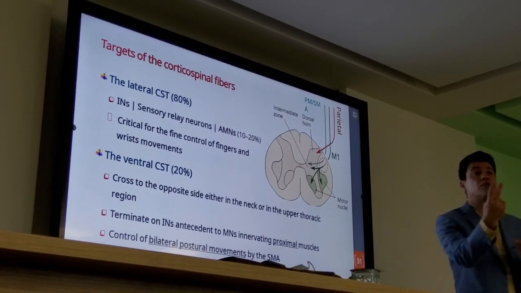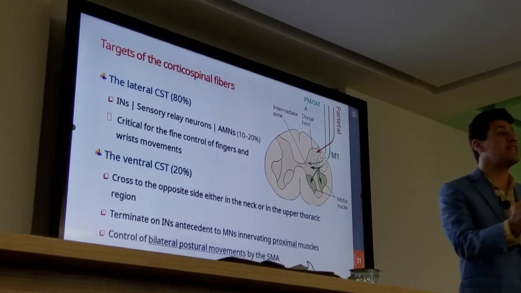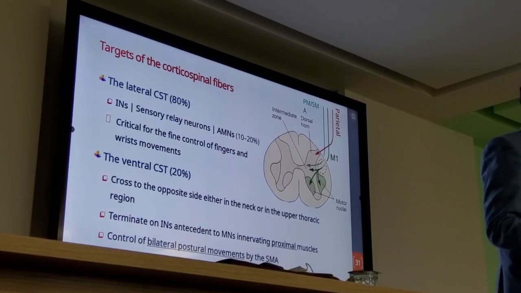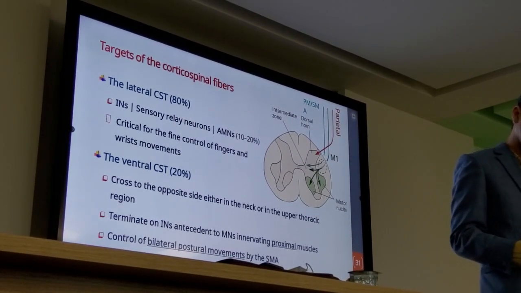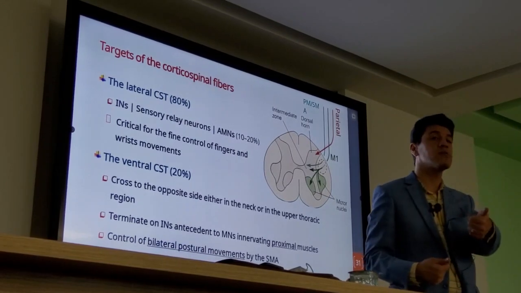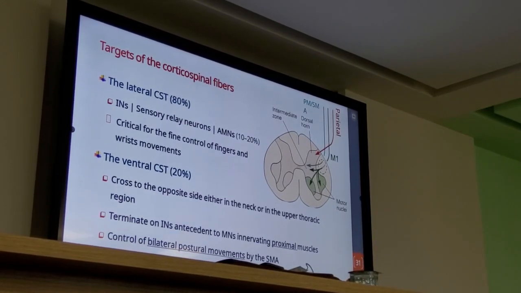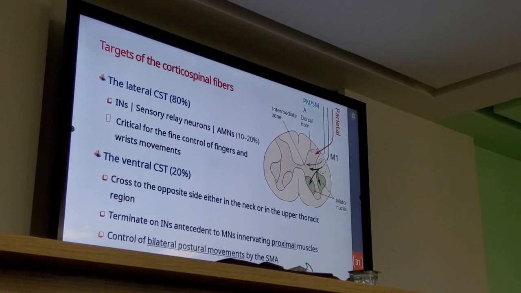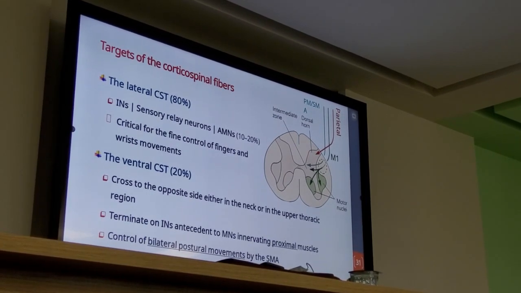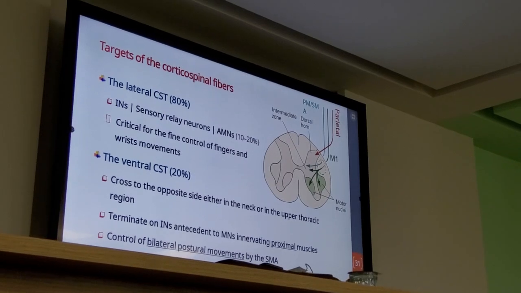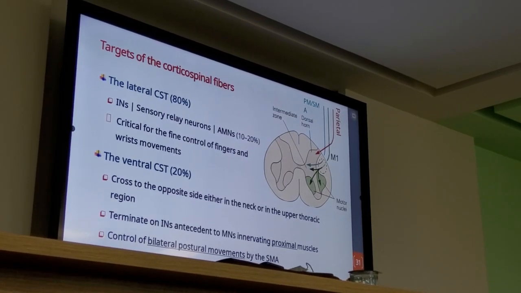So from here we have two corticospinal tracts. Lateral corticospinal, medial corticospinal. Right? The lateral corticospinal tract is defined in the lateral system. They are related to the movement of the distal part of the body. But medial corticospinal tract is defined as a medial system, important for movements of the proximal part of the body, axial musculature. Right?